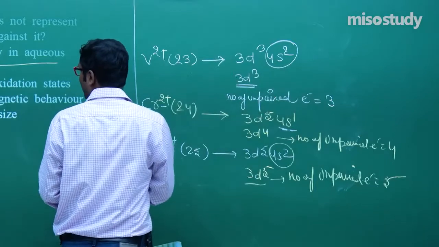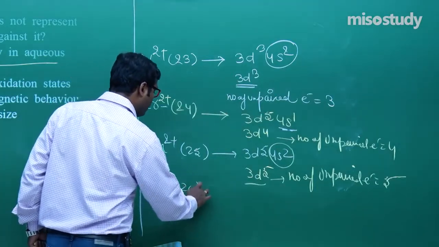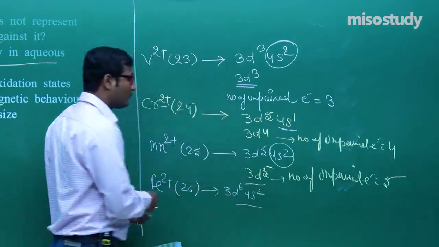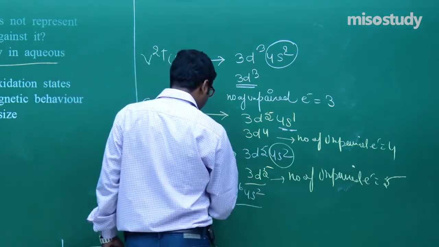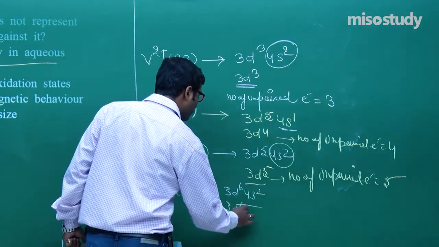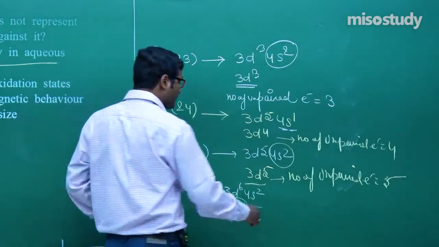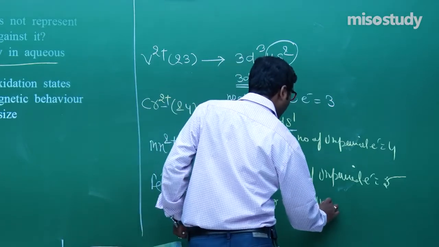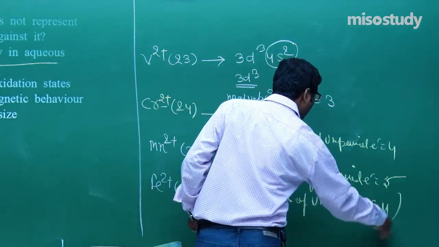Now if I talk about Fe2+, as we know, Fe has electronic configuration 3d6 4s2. Clear? So if it is in the +2 oxidation state, it loses the 4s electrons and becomes 3d6. Now in 3d6, tell me the number of unpaired electrons. It is very simple: the number of unpaired electrons is equal to 4.